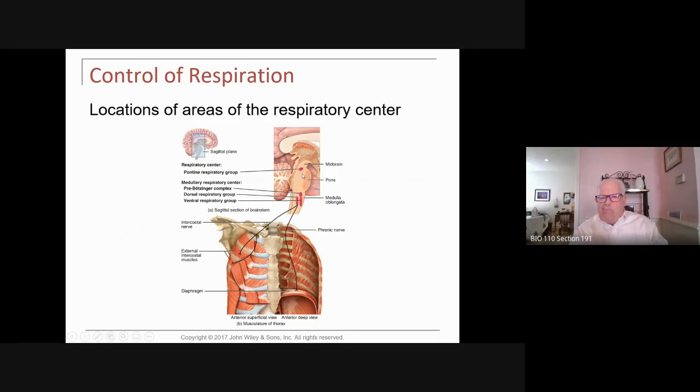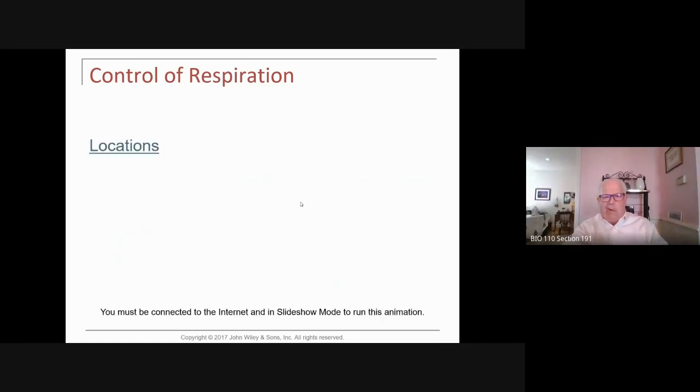There are pontine respiratory groups in the pons that control respiration. There are dorsal and ventral respiratory groups in the medulla that also control respiration. So respiration is basically controlled in the pons and in the medulla. There are two areas of the brain that control respiration.